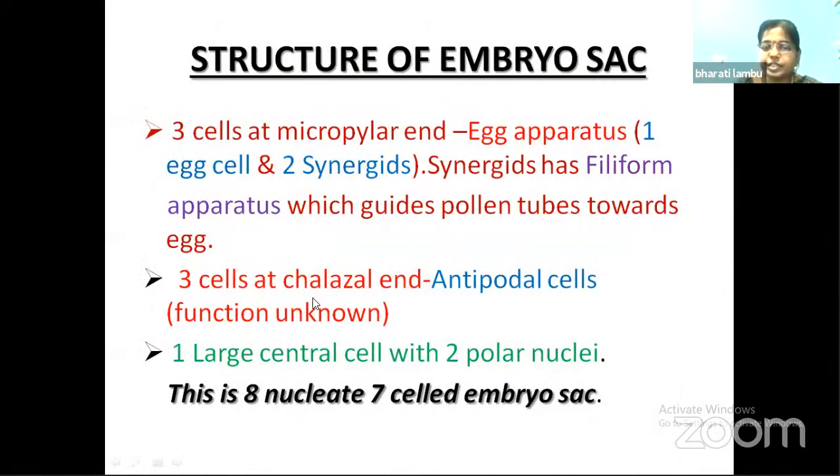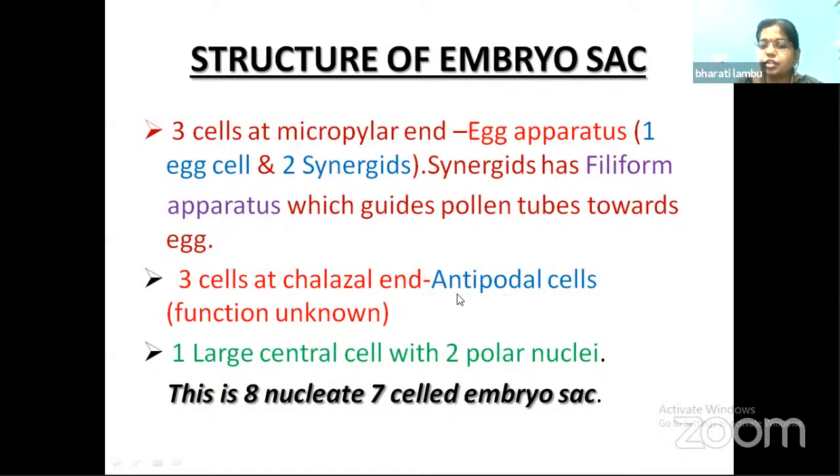Antipodals are present at the chalazal end. Generally, the function of the antipodals is not known, but they say that the antipodal cells present at the chalazal end show the extension of the chalaza. How much region of the chalaza is present in the embryo sac will be shown by these antipodal cells.